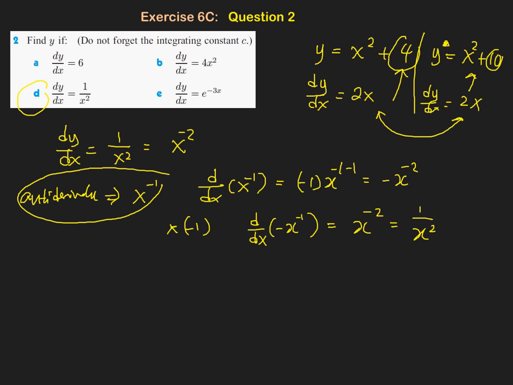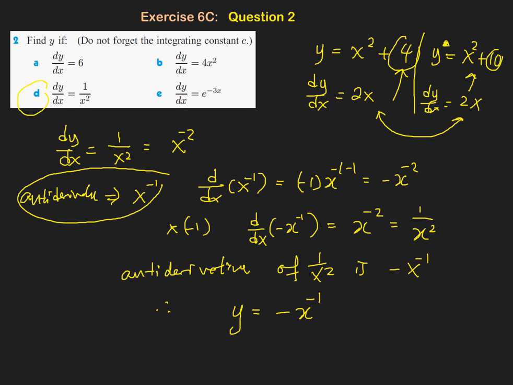So that means the antiderivative of 1 over x squared is negative x to the power negative 1. And so therefore we want to find y. So y is this function. Now do not forget what we talked about at the beginning.